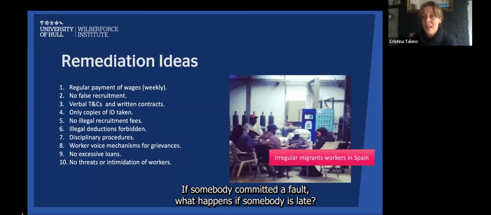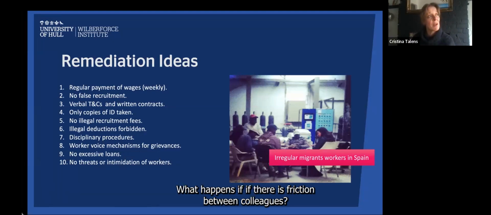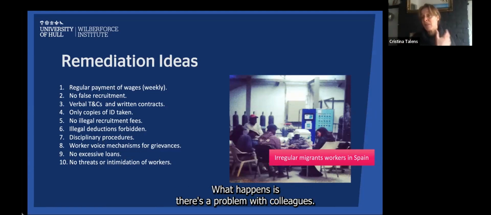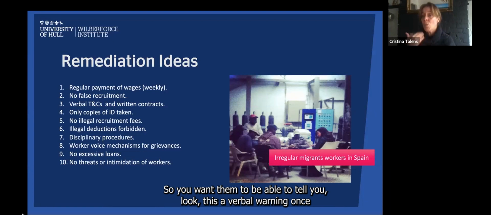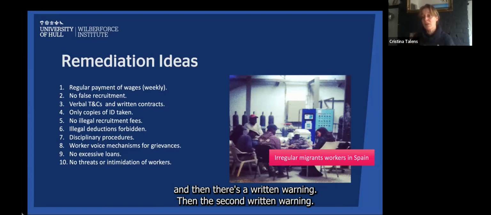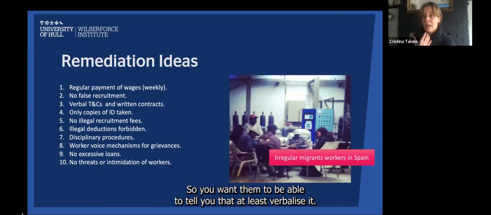What happens if somebody's late? What happens if there is friction between colleagues? What happens if there's a problem with colleagues? You want them to be able to tell you, look, there's a verbal warning once, then there's a written warning, then a second written warning.